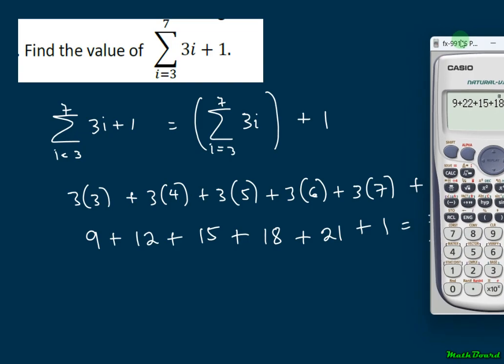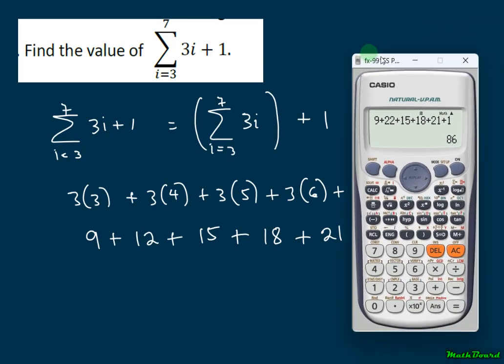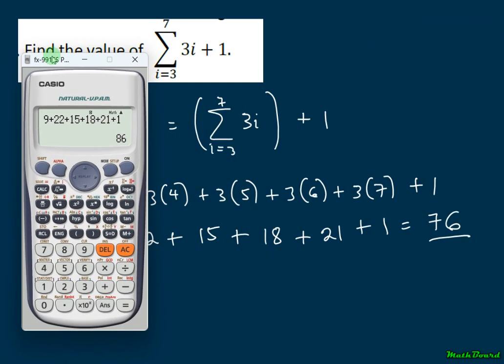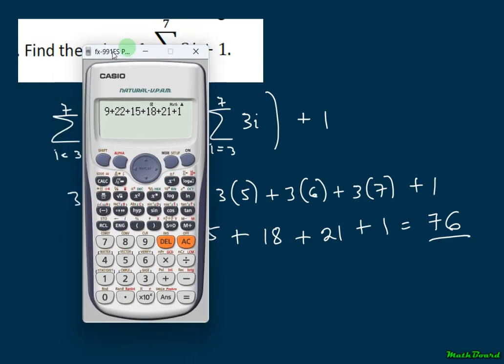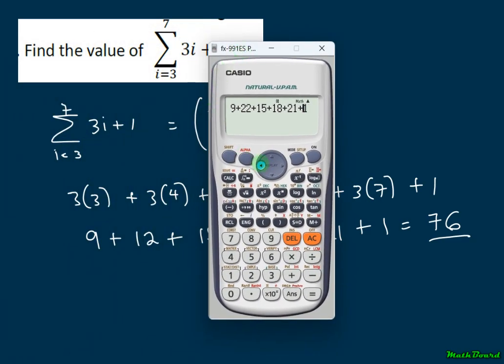So we check again. So 9, sorry, 12 here. Yan, 12 dapat to. So 76.